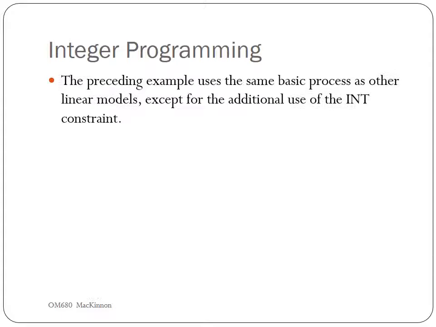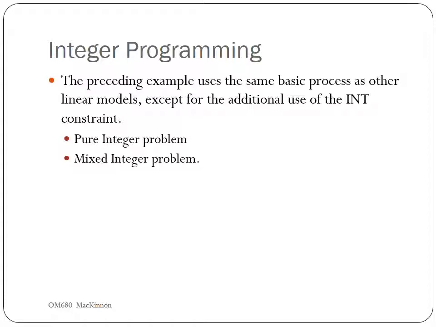Okay, so the preceding examples use the same basic process as other linear models. Okay, so other than requiring the integer constraint, they look the same as the models that we have been doing. And so we've had pure integer problems like the staff scheduling.